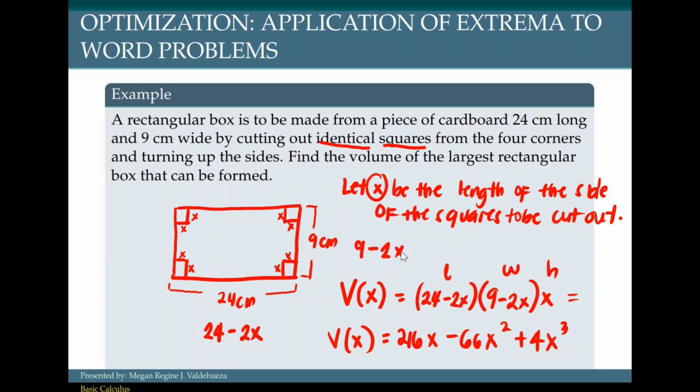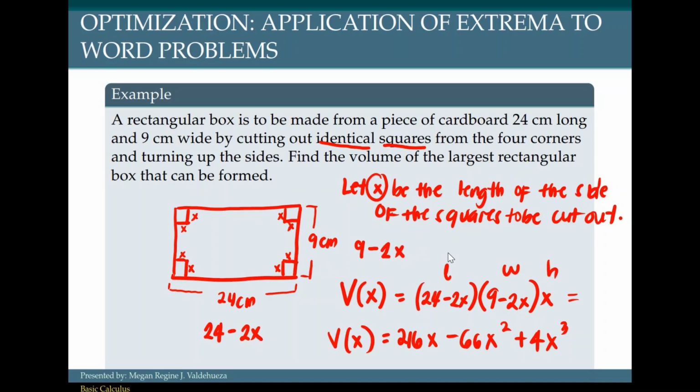Since if this will be more than half of the width, so let's say the half of the width is 4.5, so if we cut out 5 centimeters, let's say that will be the x, then 2 times 5 is 10. 9 minus 10, then we will have a negative width here, which cannot be.